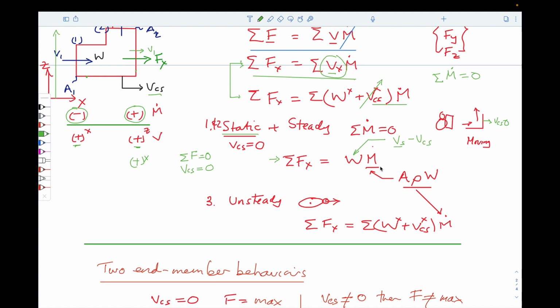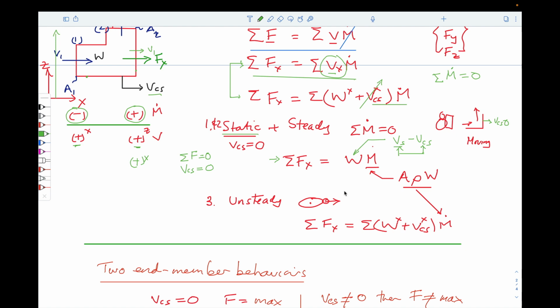This is the static jet velocity. This is the velocity of the control surface. If this is equal to 0, then this is just equal to the magnitude of the impinging jet. If we want the force equal to 0, then these two magnitudes have to be equivalent to each other. And so we can immediately tell the magnitude of the velocity of the vane. So those are the two end-member conditions.